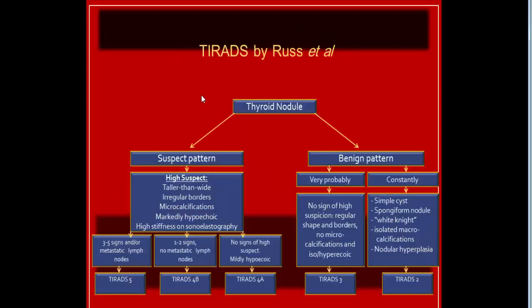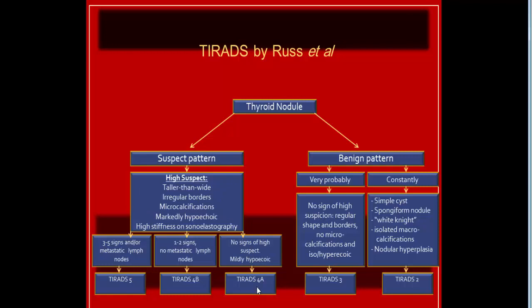TI-RADS by Russ et al. divides thyroid nodules into either benign pattern or suspicious pattern. Benign pattern is divided into TI-RADS 2, constantly benign: simple cyst, spongiform nodule, white knight, isolated macrocalcification, nodular hyperplasia. TI-RADS 3, very probably benign: no sign of high suspicion, no irregular shape and border, no microcalcification, and iso- or hyperechoic.